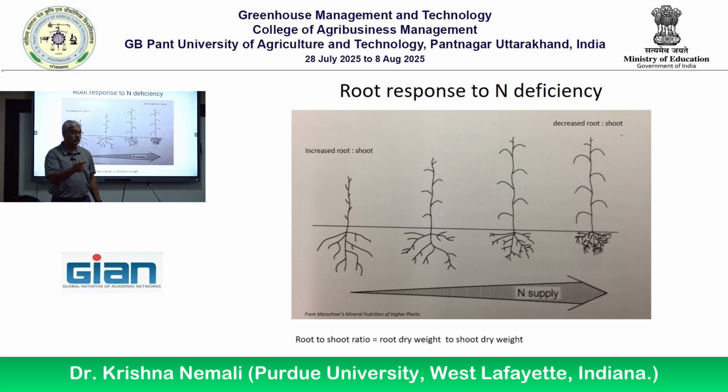This partitioning of carbon, sugars, photosynthate between shoot and root, there is a term for that we use in calculation, what's called root to shoot ratio or root weight ratio, whatever that is called. In general, root to shoot ratio decreases as you give more nitrogen. Root to shoot ratio increases when you give less nitrogen, meaning roots become a larger proportion.